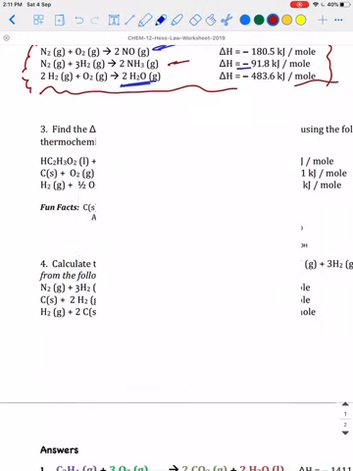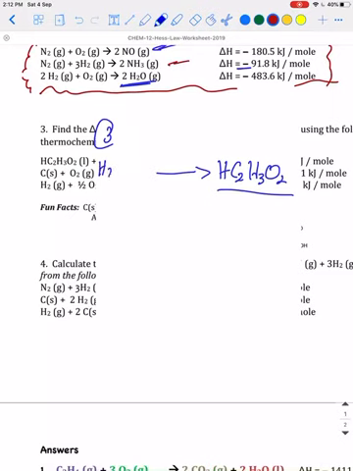So for number 3, heat of formation, this is acetic acid, which means that the acetic acid is formed on the product side. HC2H3O2, always the heat of formation, the product formed from its components.